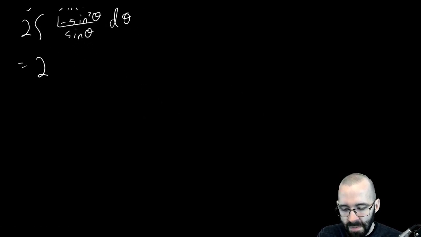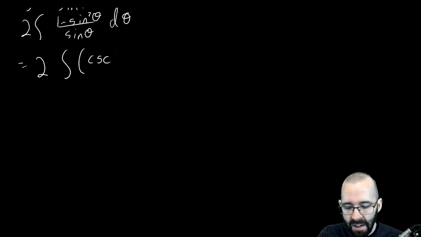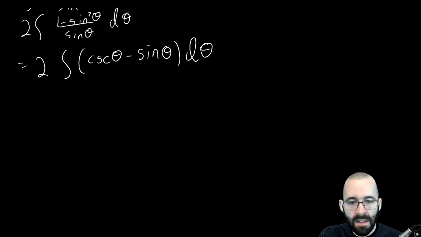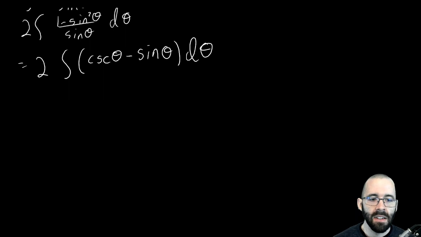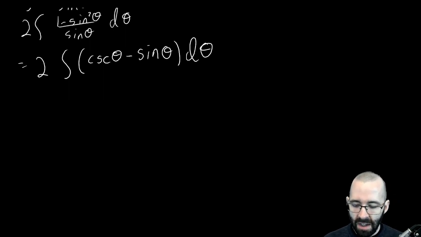So we'll get 2 times the integral. 1 over sine of theta is cosecant, minus sine squared over sine of theta, which is sine of theta. And again, we could evaluate the antiderivative of cosecant using the topics that we've already covered, or we could just use that formula.